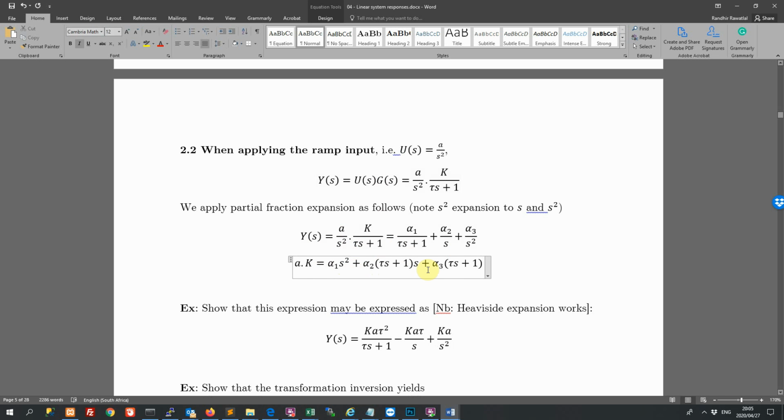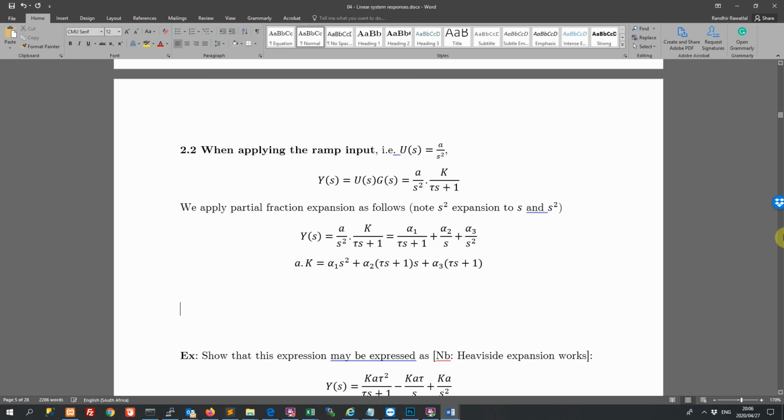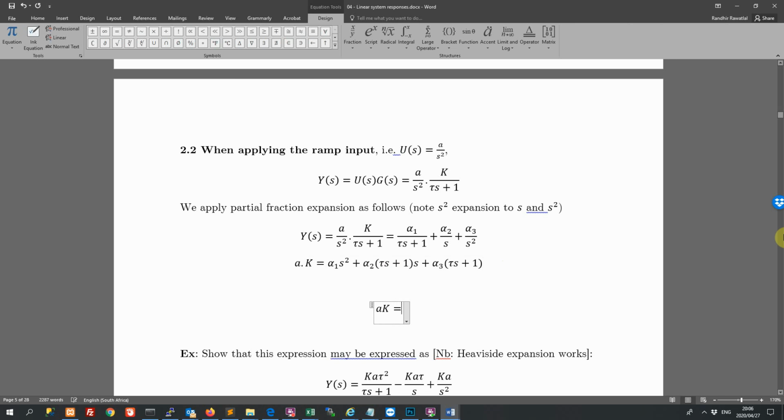And now we can just consider some special values to obtain alpha 1. So to get alpha 1, we just apply s equals minus 1 over tau, right? Let's just do it here. So we'll have the AK on the left-hand side still. s doesn't appear there, so that stays as is. So we'll have here alpha 1, and then it's minus 1 over tau, so this is going to be tau squared.